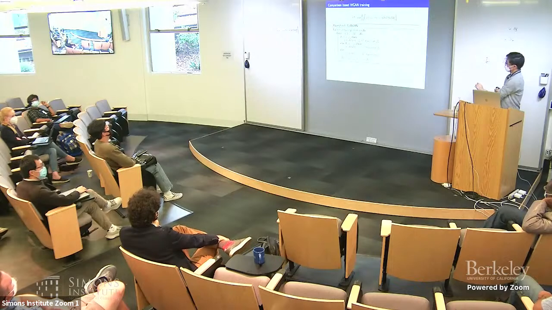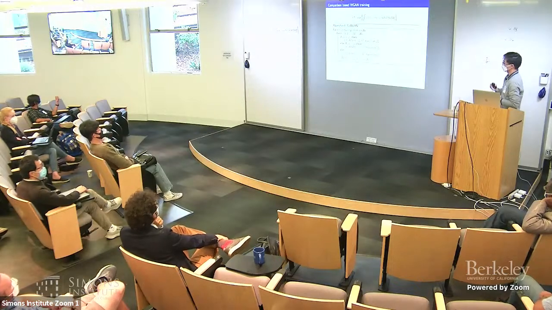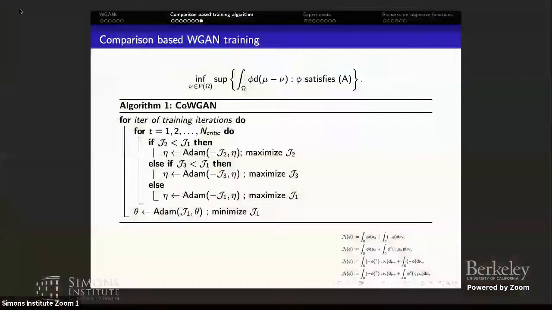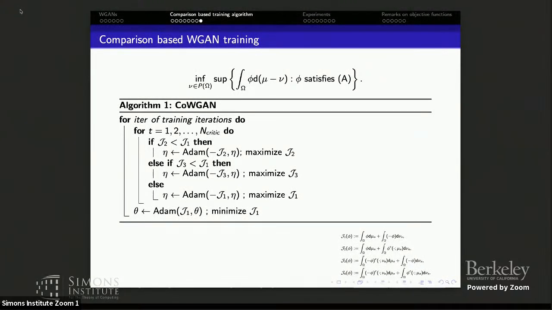Okay, so let's go back to the algorithm. The inequality we need is J1 less than or equal to J2. If this inequality is not satisfied, then we want to increase J2. That's why I use Adam here.